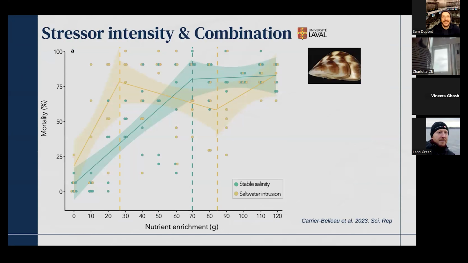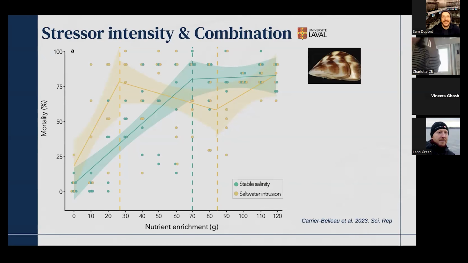And why saltwater intrusion? In Quebec, we have the salinity front that is shifting towards the freshwater part of the St. Lawrence, so we have punctual arrivals of very high saltwater intrusion. This is the mortality percentage along the nutrient enrichment gradient.